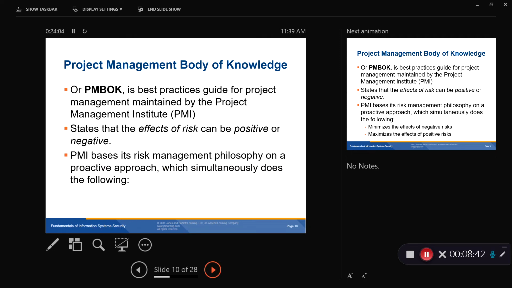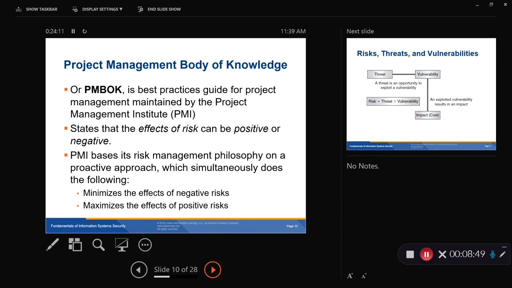It bases its risk management philosophy on a proactive approach, which simultaneously does the following. It minimizes the effects of negative risks and maximizes the effects of positive risks. So what could a positive risk be? Well, the positive risk could be that we're going to build a new facility, a manufacturing facility or a new branch office or something, in an area where it's prone to flooding. I'm not sure you would want to do that, but we might gain a lot of profit by putting that location in that area.